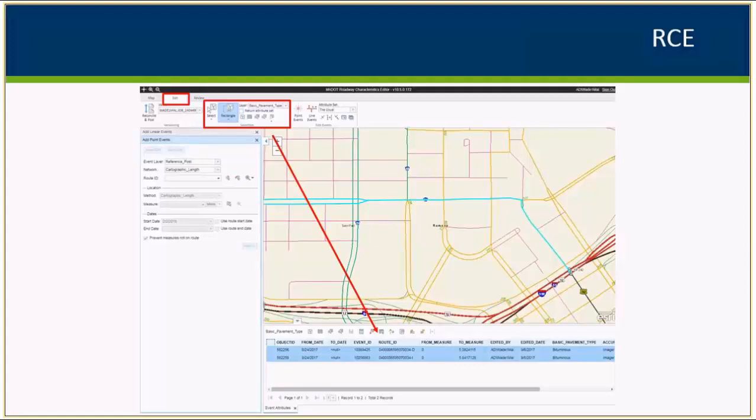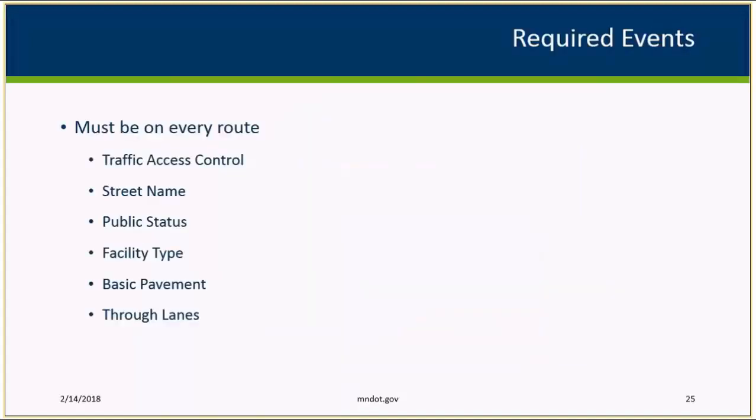If we wanted to add new events, we can build them using the Edit Events section and populating out the table or the form. This will be touched on more in depth throughout the demo, so we're going to continue to our next slide, which is required events.